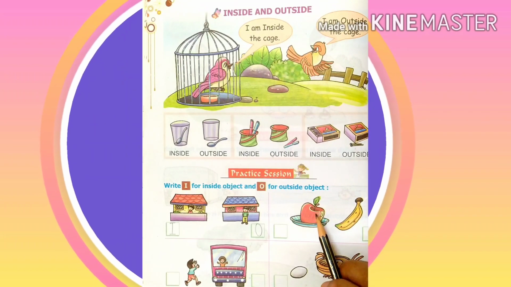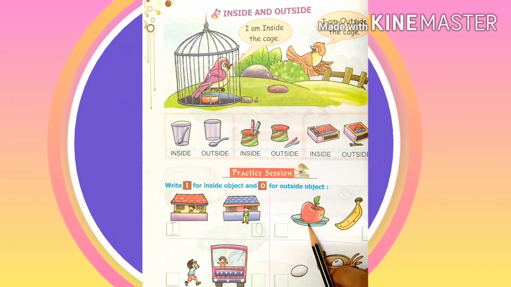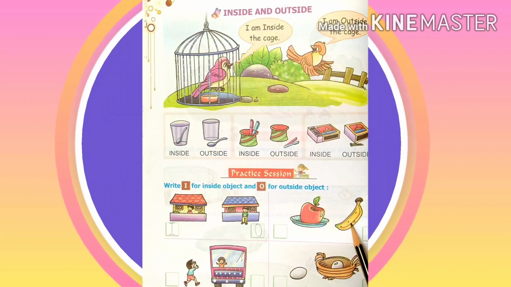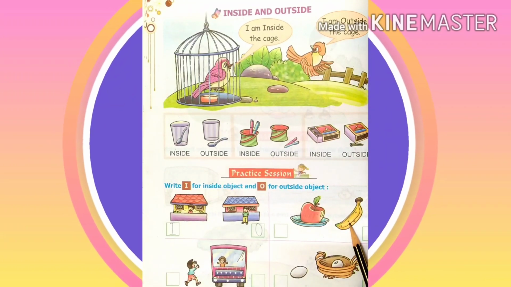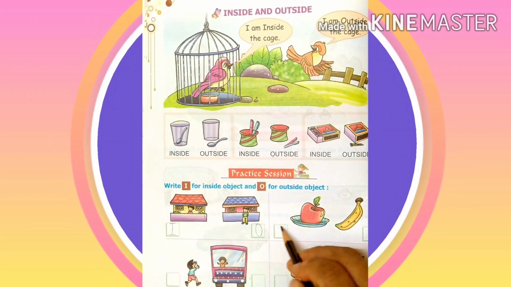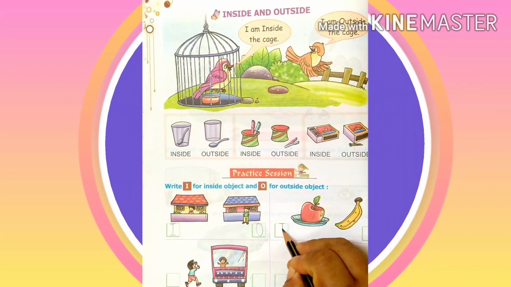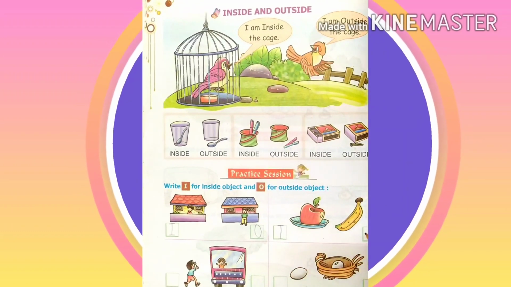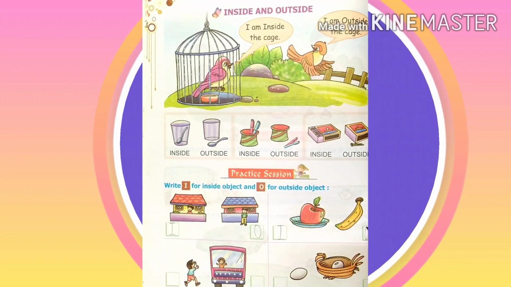One apple is inside the plate, but this banana is outside the plate. So we will write here I and here O.